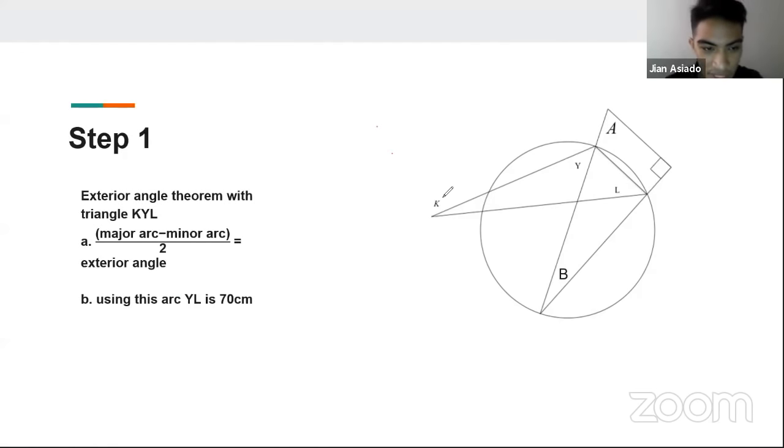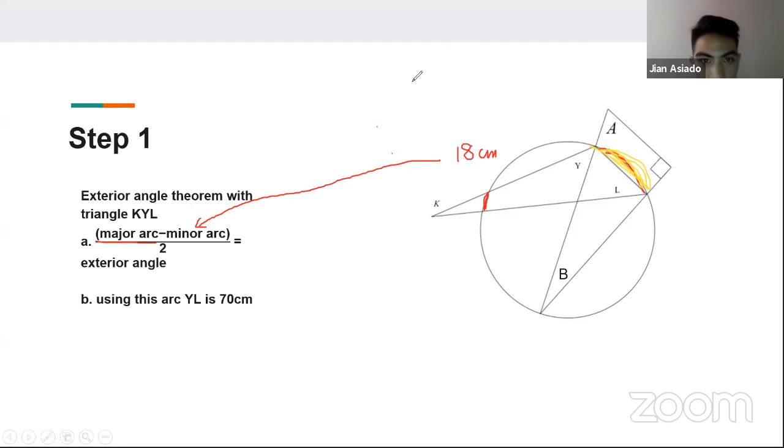Sige. So, etong 70 centimeters kasi, di ba etong arc na ito, ang measurement niya ay 18, no? So, etong minor arc, nagko-correspond siya dito. Ngayon, etong si major arc, this is the major arc. Ibahin ko yung color. Yan, this is the major arc. Ayan.